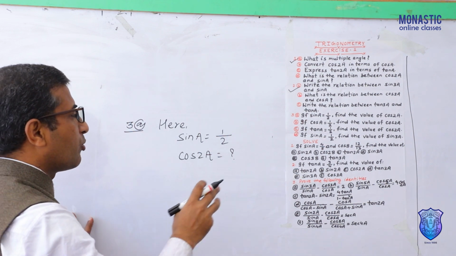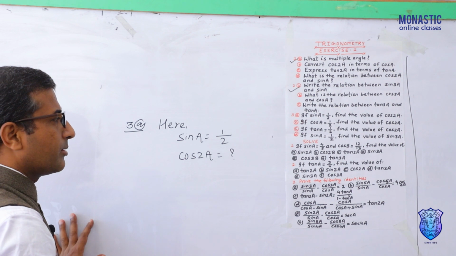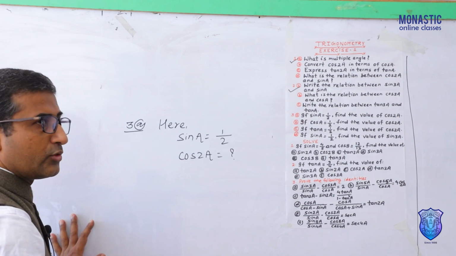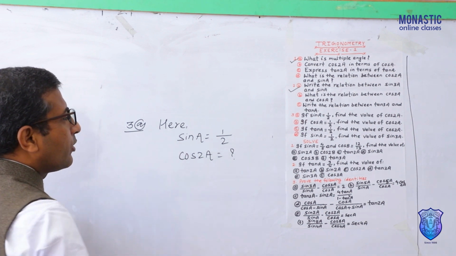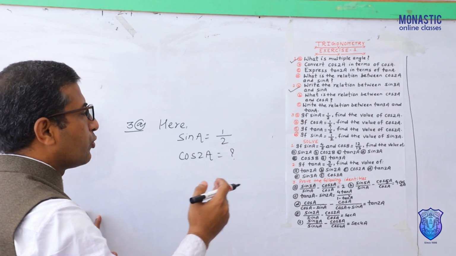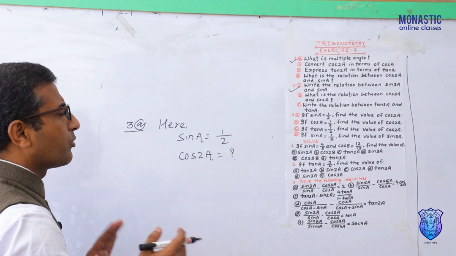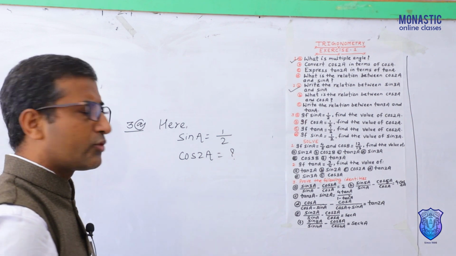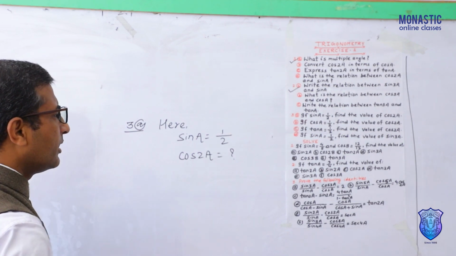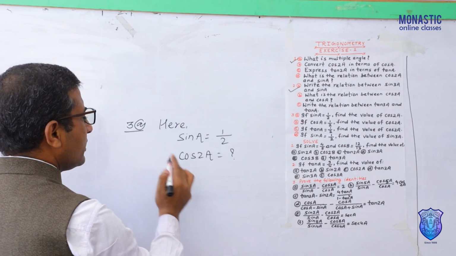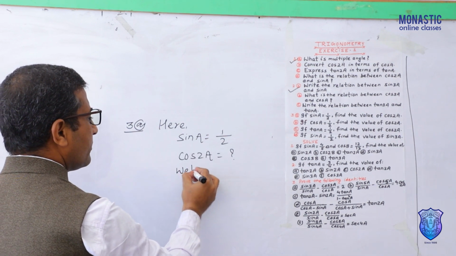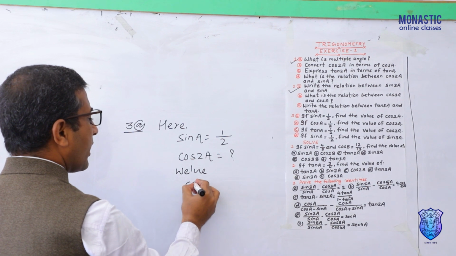Then we can use the formula cos square A minus sin square A, or 2 cos square A minus 1. With the help of sin A, we can directly use 1 minus 2 sin square A. If we find the value of tan A, then we can use the formula 1 minus tan square A by 1 plus tan square A. So here, when sin A is given, it is better to use the formula in sine.